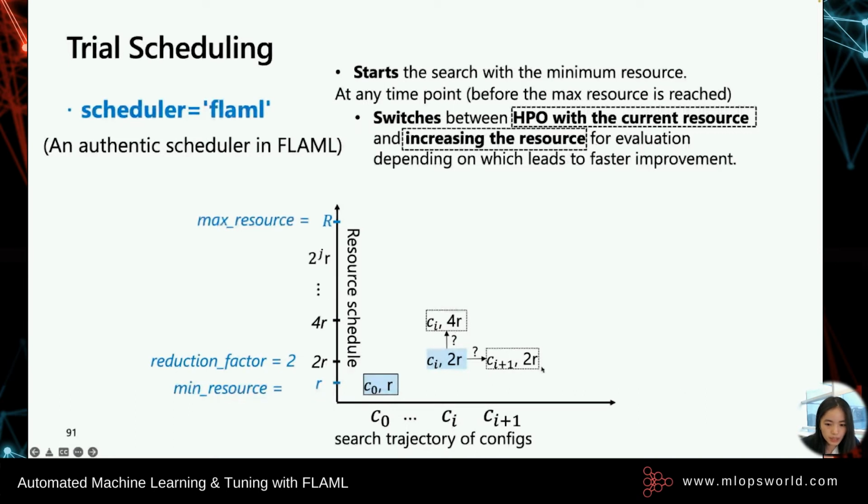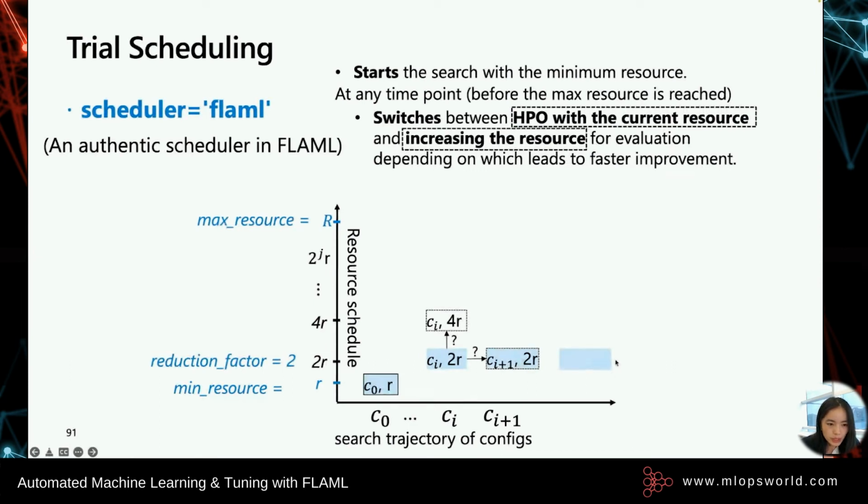This choice is made based on which option leads to a faster improvement of performance. For example, if the algorithm finds that we can keep making improvement with the current resource, we actually do not need to increase the resource. So we will move to this point, in blue.